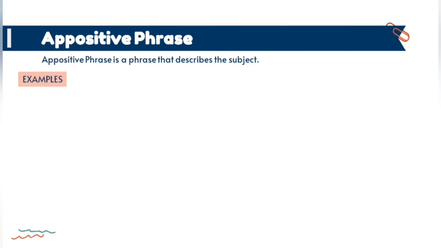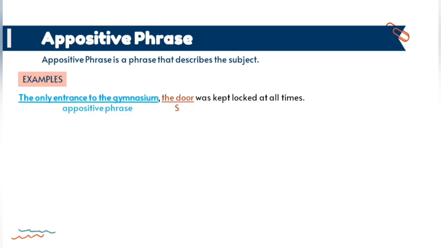Appositive phrase. Appositive phrase is a phrase that describes the subject. Jadi appositive phrase ini sebuah frasa yang mendeskripsikan subjek dari suatu kalimat. Contohnya, beyond the entrance to the gymnasium, the door was kept locked at all times.